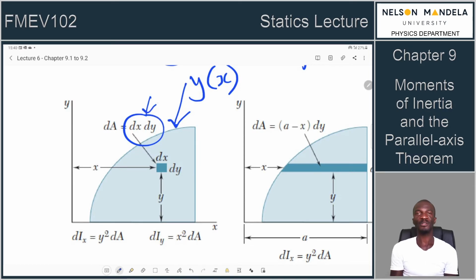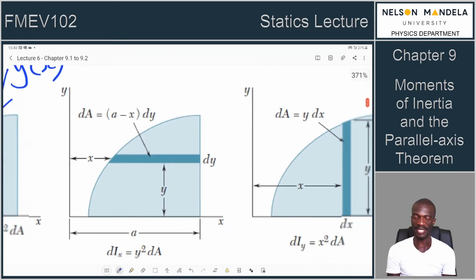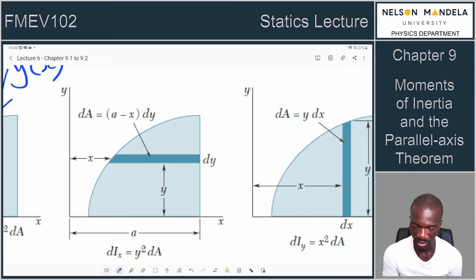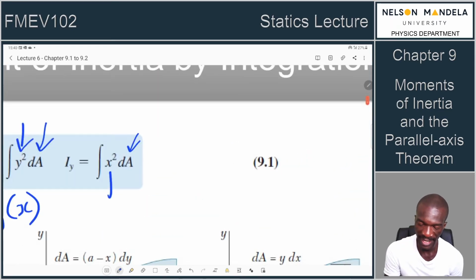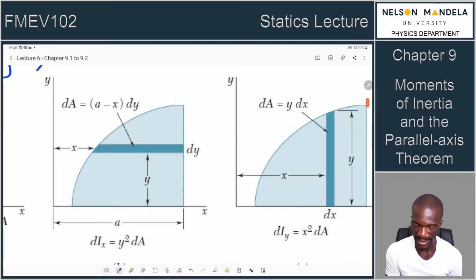Here, though, you should be aware that you are introducing double integrals. If you don't want to work with double integrals, you can now use a horizontal strip or a vertical strip. So once again, what do we want to define? We want to define dA, we want to define the x and the y. So obvious that our dA is given as the length times the width. What is the length? The length is from A, subtract this x.